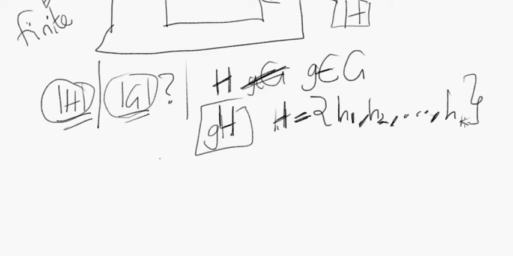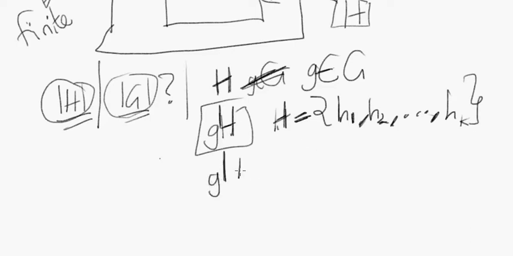So for instance, if H were equal to, let's say, H1, H2, H3, all the way up to HK, these are the elements of big H. This is H sub K. Natural question, well, what is GH?